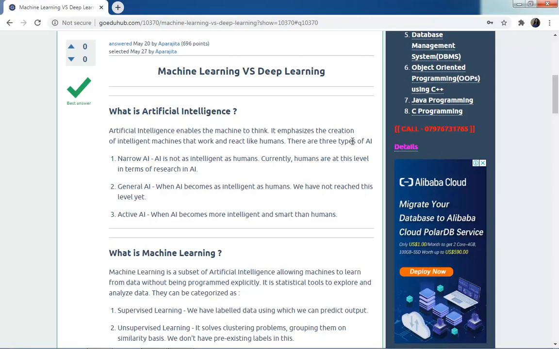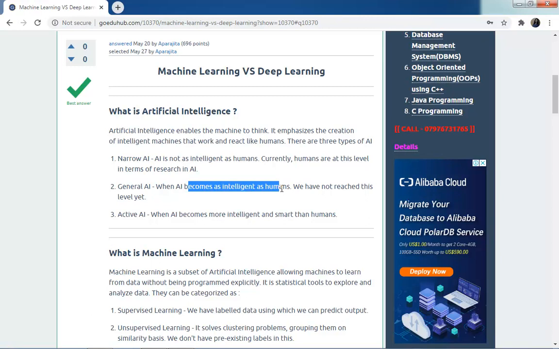And there are different types of AI: narrow AI, general AI and active AI. Narrow AI is not as intelligent as humans. Currently, in terms of research in AI, we are at this level. Right now, machines are not as intelligent as human beings. General AI is when AI becomes as intelligent as humans.